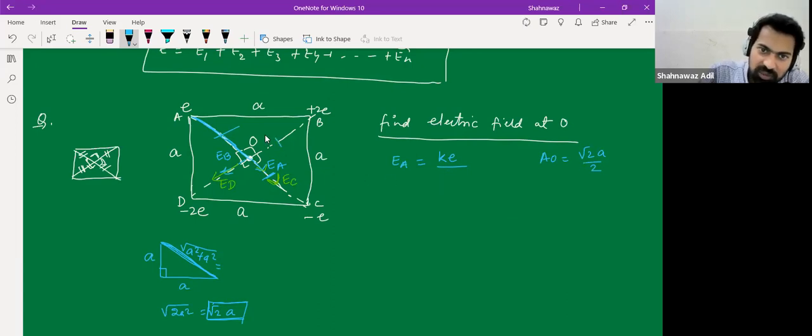So this would be the same distance, root 2A by 2, because we saw the property of the square. And this would again be root 2A by 2. So AO, BO, DO, and OC are equal. So this would be root 2a by 2 squared, right? And what would be EB? You tell me.